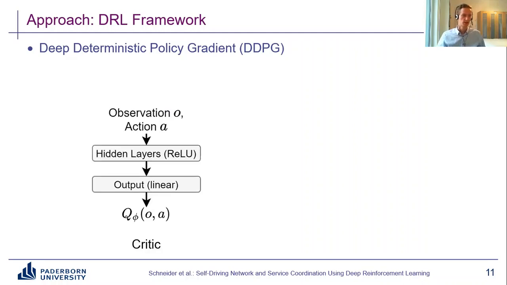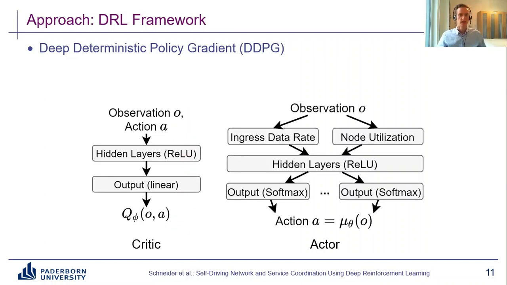The critic looks like this. It gets an observation and an action, and it estimates the long-term value Q for taking the action after observation O. And that's then used to train the actor. And the actor is what really decides which action to take. So it gets an observation.